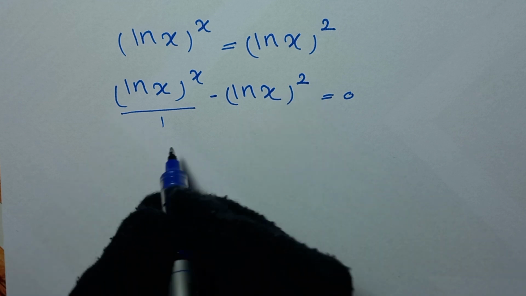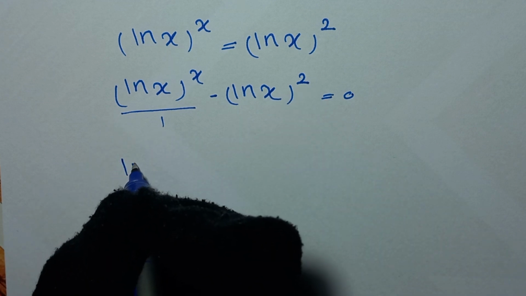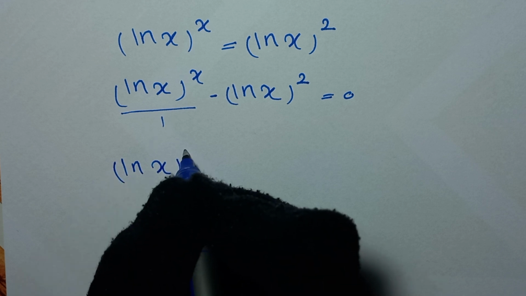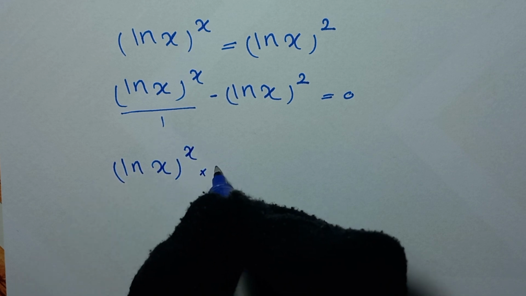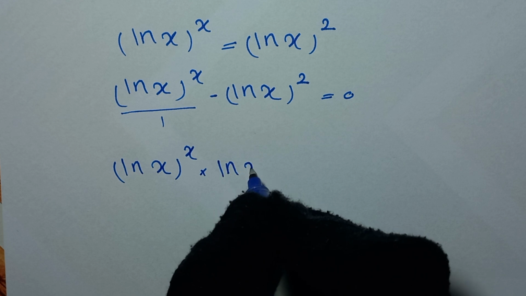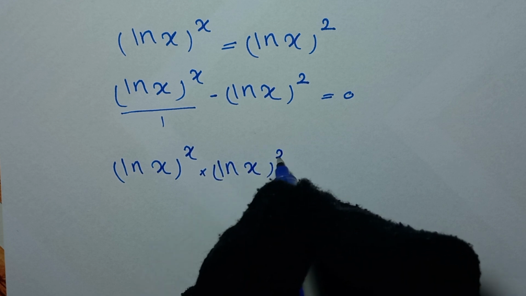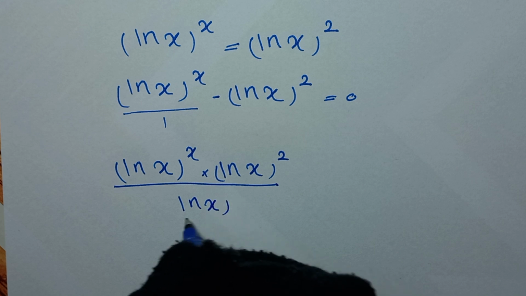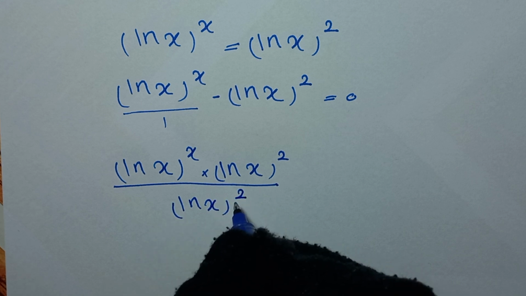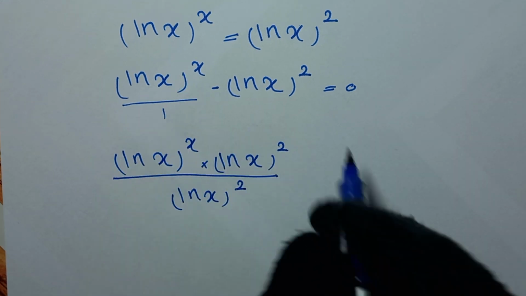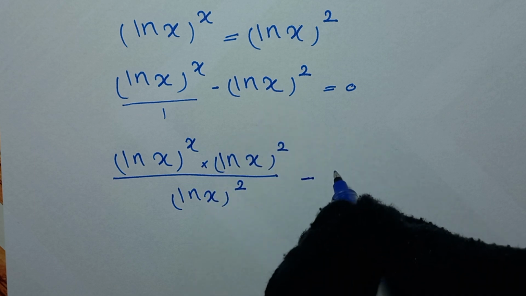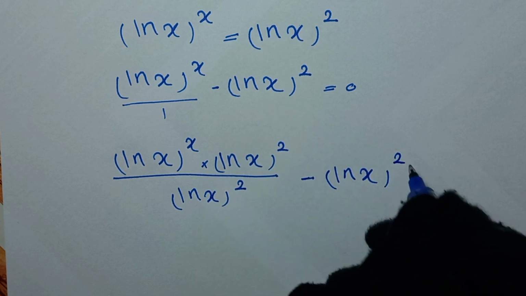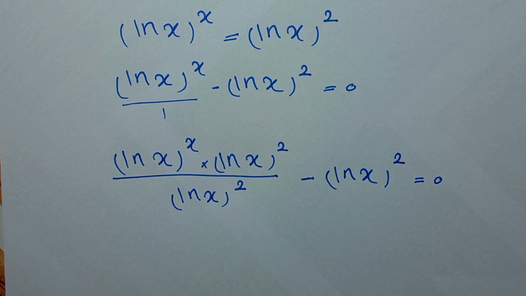So we write here (ln x)^x times (ln x)^2 over (ln x)^2, right? This equals this, and minus this (ln x)^2 is equal to 0.